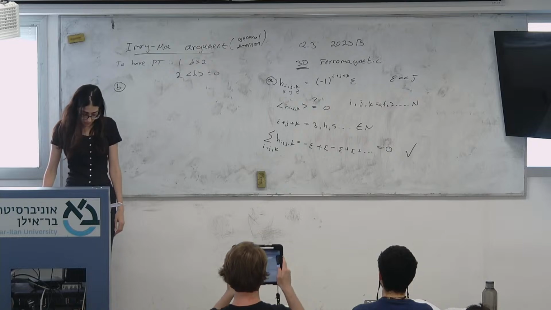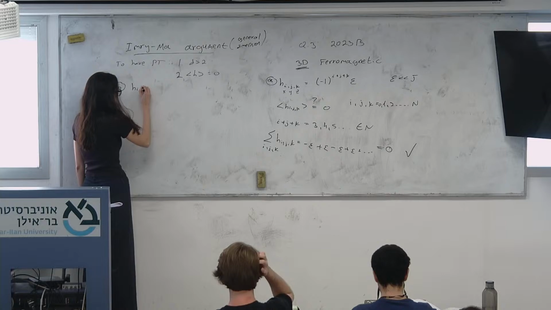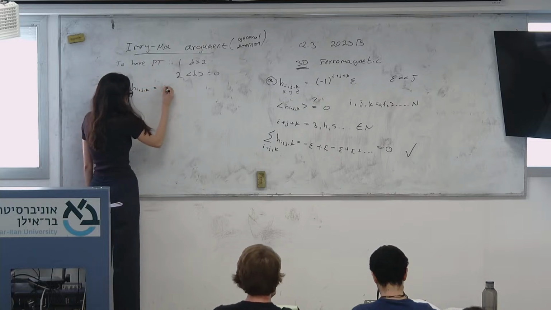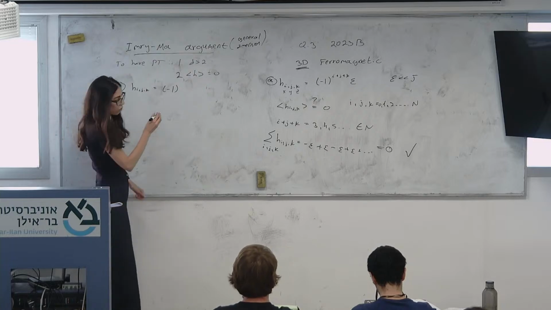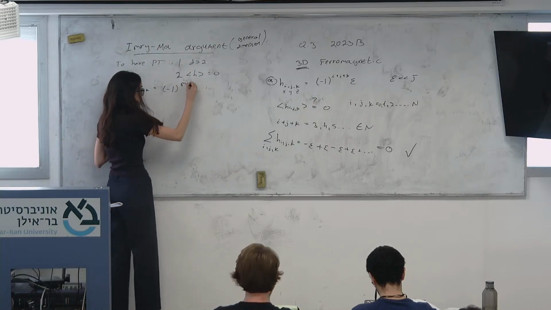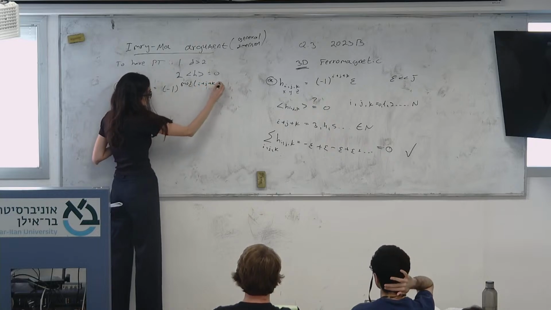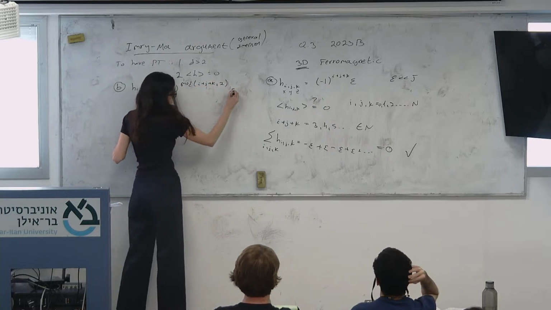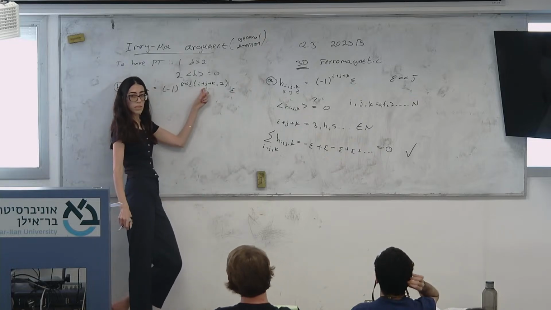So the second case: you have h of i, j, k equal to, again, minus 1 to the power of the modulo of i plus j plus k with 2. Is this the exact same thing?